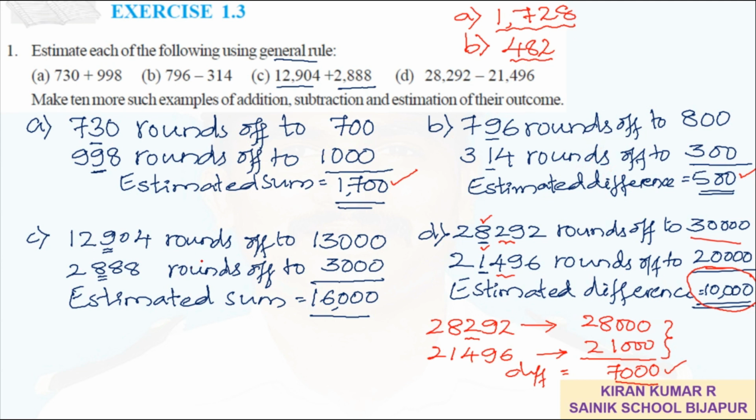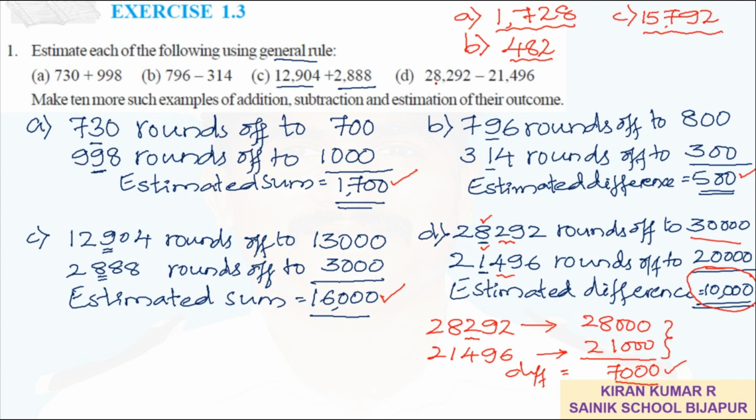Let me consider the third one. 12,904 added to 2,888. The actual sum becomes 15,792. This is the actual sum. When we round it off, it becomes 16,000 and our estimated sum is 16,000. Therefore, our answer is right.